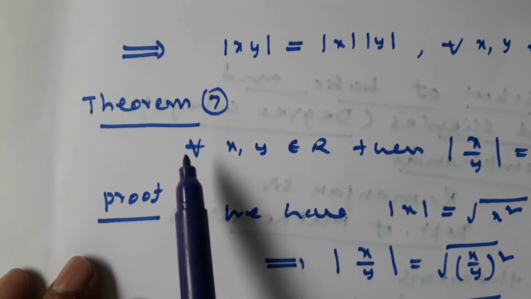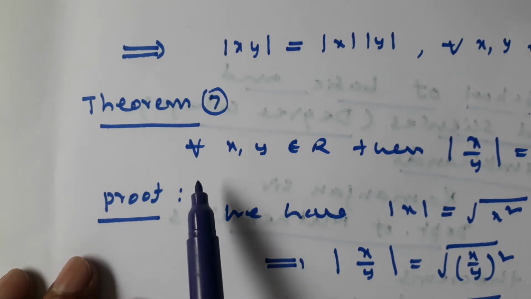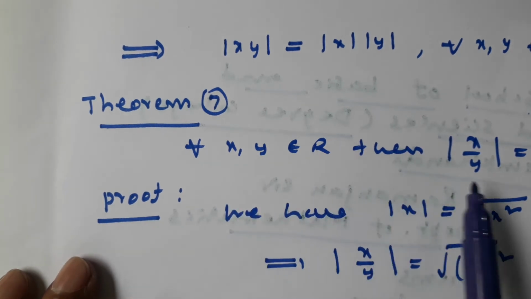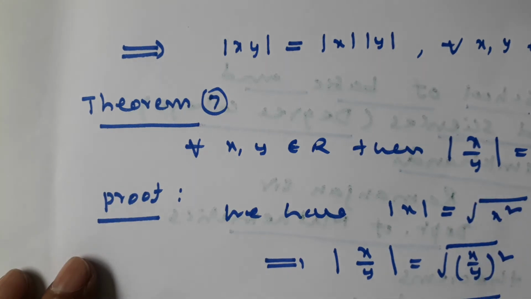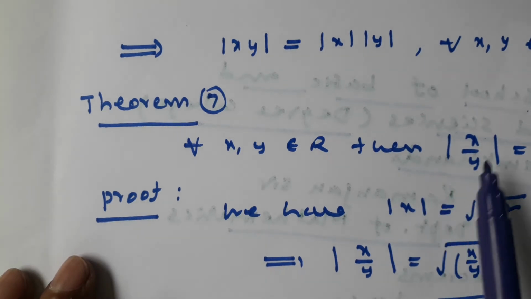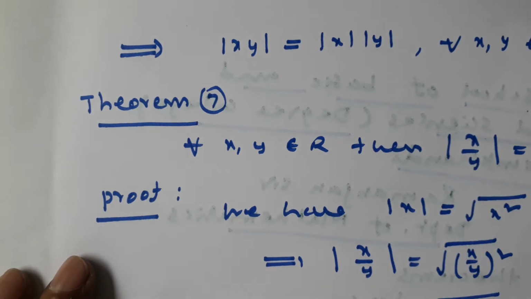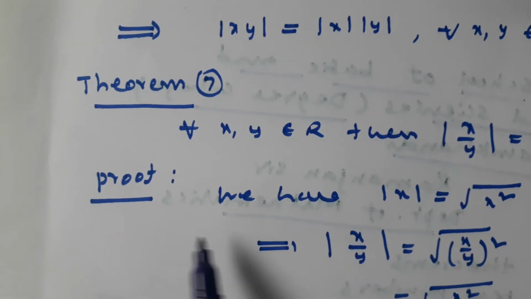So that is now Theorem 7. For all x, y belongs to R, then mod x by y is equal to mod x divided by mod y. Here the mod of the rational number is equal to the mod of the numerator and the mod of the denominator separately. So how can we prove this?